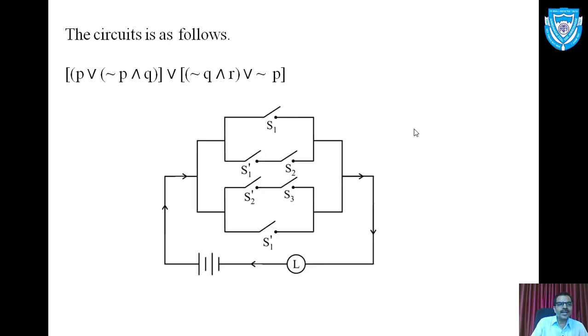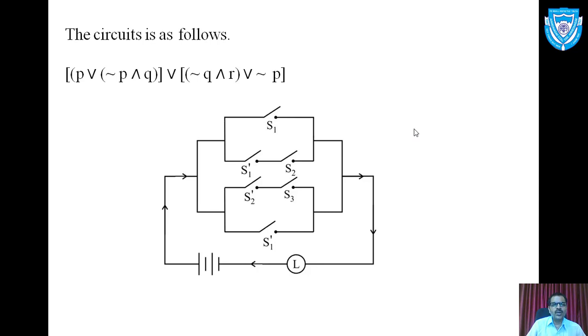So here P can be represented by switch S1, negation of P and Q can be represented by series connection of S1 dash and S2. The third loop, negation of Q and R, can be represented by series connection of S2 dash and S3, while the fourth loop containing only one switch, negation of P, is represented by S1 dash.